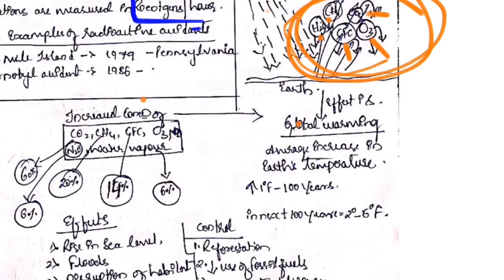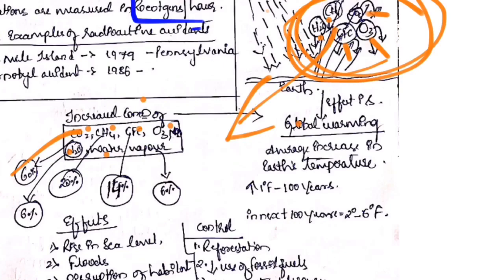The main important greenhouse gases which are causing global warming are carbon dioxide, methane, chlorofluorocarbons, ozone, nitrous oxide, water vapor. Here the effect of carbon dioxide is more. It contributes nearly 60% to global warming.